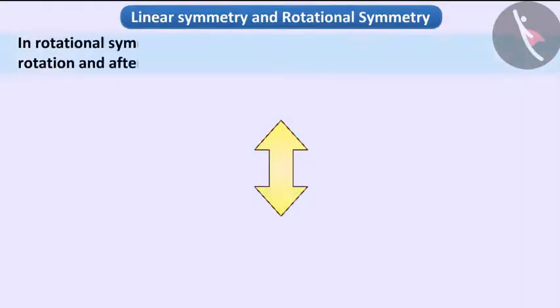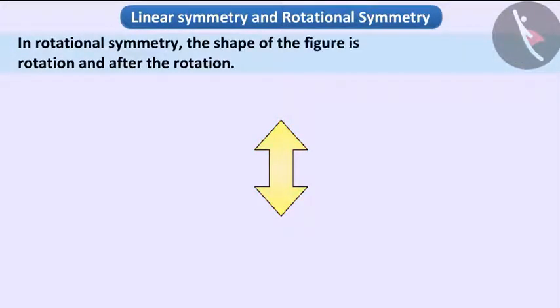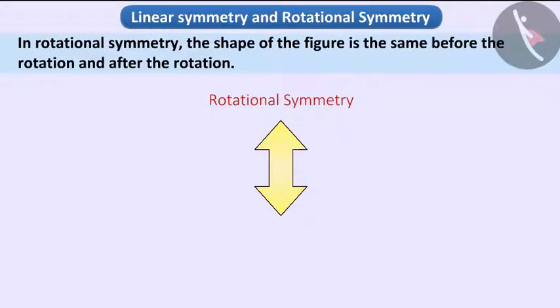In rotational symmetry, the shape of the figure is the same before the rotation and after the rotation. Now think, does this figure also have rotational symmetry? Think. We will show a point on this figure to check for rotational symmetry. Keep in mind that this point is not part of the shape.